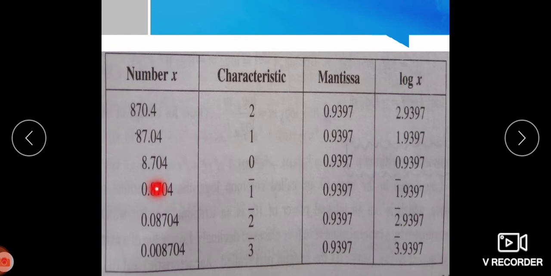Here there are no zeros, so 0 plus 1 is 1 and minus 1 is the characteristic, so bar 1 is written, and in the logarithm also bar 1.9397 is written. In the next number there is 1 zero, so 1 plus 1 is 2 and the number is less than 1, so the characteristic is bar 2.